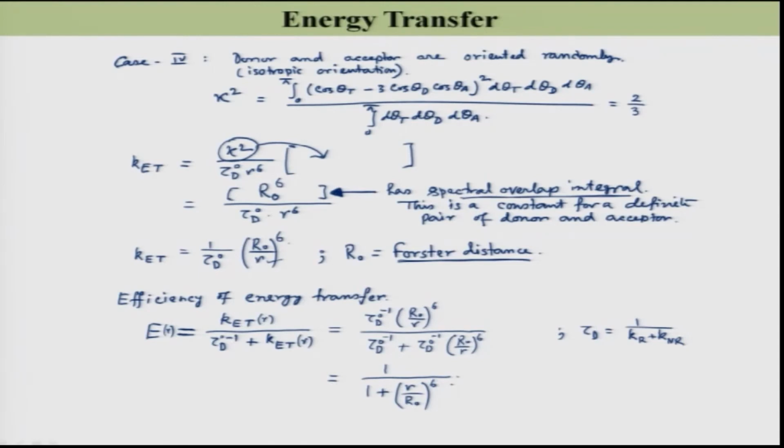As I told you earlier, if this is my emission spectrum of D, in presence of acceptor there is a decrease in the intensity and there is an increase in the intensity at another wavelength.